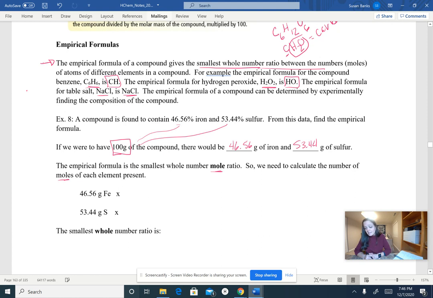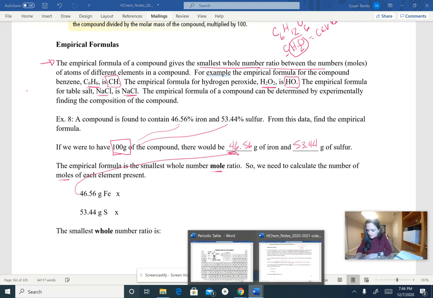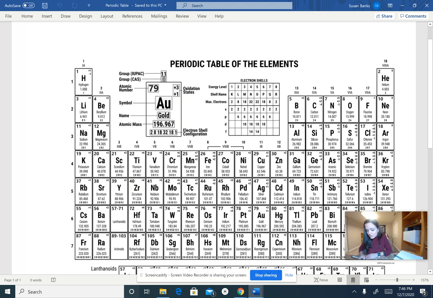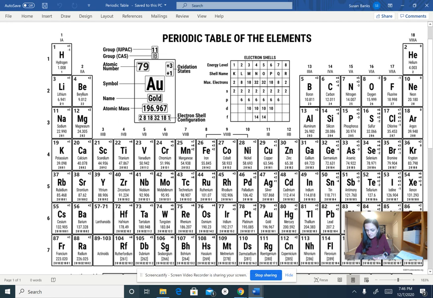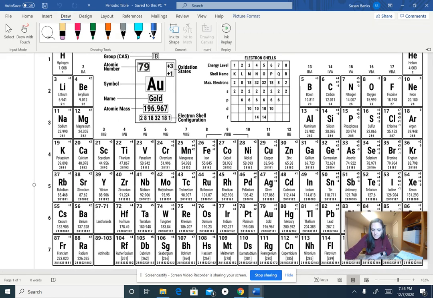So we need to calculate the number of moles of each of these elements present. So to get that, we also need to have our periodic table handy. So I want to take my 46.56 grams, and remember I did that through this, and I want to get that into moles. So I need to look up on my periodic table the amount of grams there are in iron. So I'm going to look here, and when I look at iron, remember we're going to the hundredths.